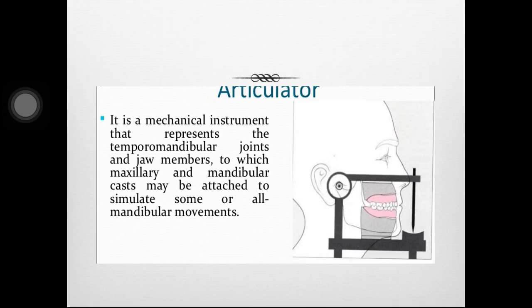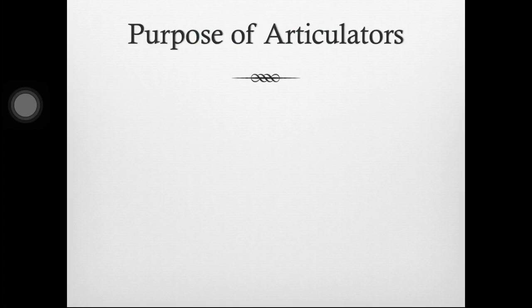So, according to the quantity of movements that are replicated by articulators, they are classified into different types. Exact replication of mandibular movements of a human being is still not possible, but most complex articulators somehow replicate most of the maxillomandibular relations and movements.